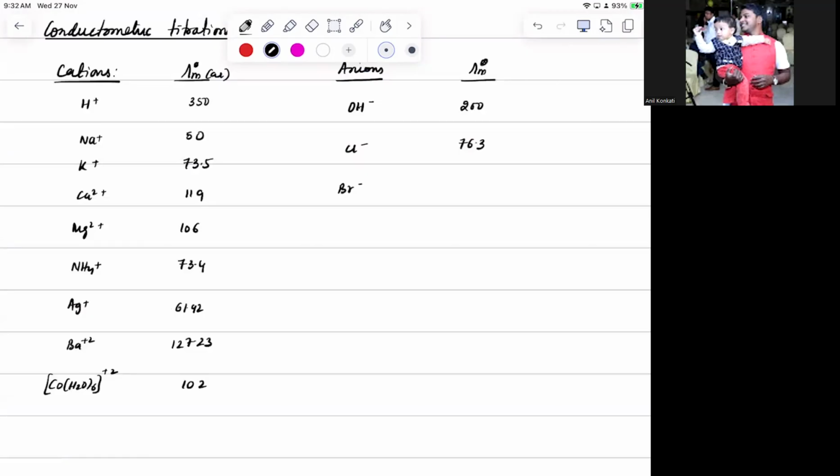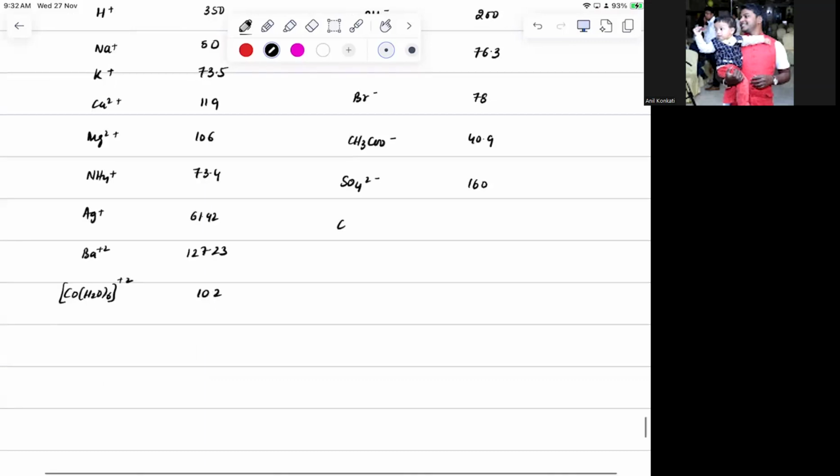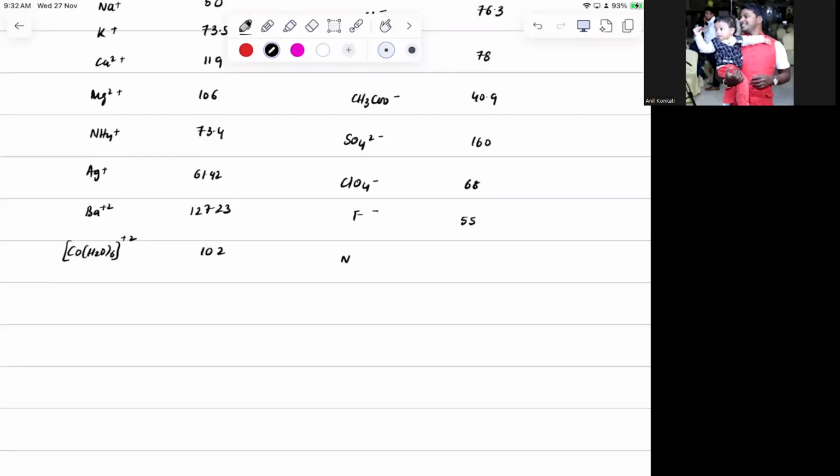Br minus is around 78. CH3COO minus is around 40.9. SO4 2 minus will have 160. ClO4 minus is around 68. Clear? F minus is around 55. And NO3 minus is around 71.4.